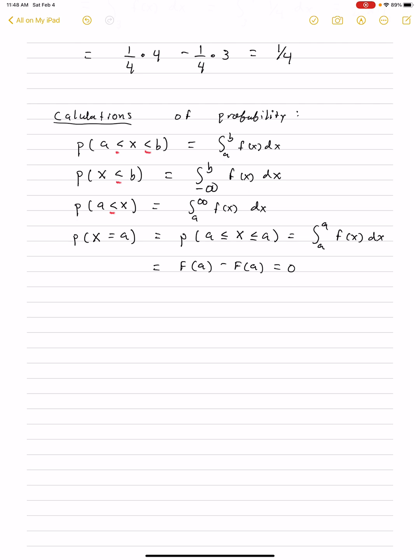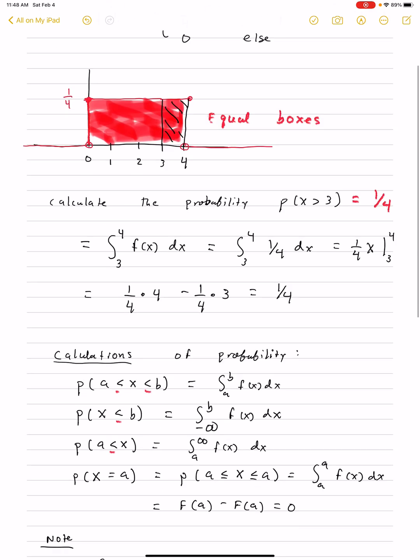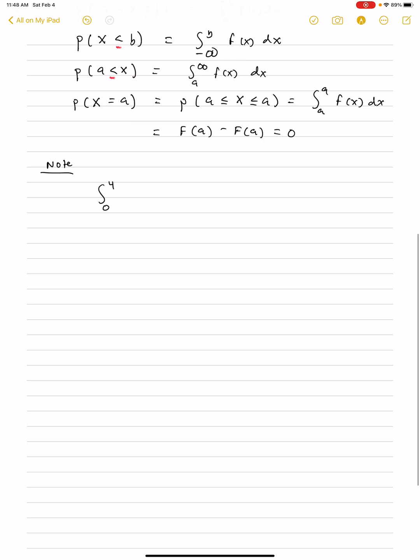Well, if we did that, I just want to note the total area here would be, in this example, the integral from 0 to 4 of f of x dx, the integral from 0 to 4 of 1/4 dx, that's equal to x over 4, 0 to 4, and that will be 4 out of 4 minus 0 out of 4, which is 1.